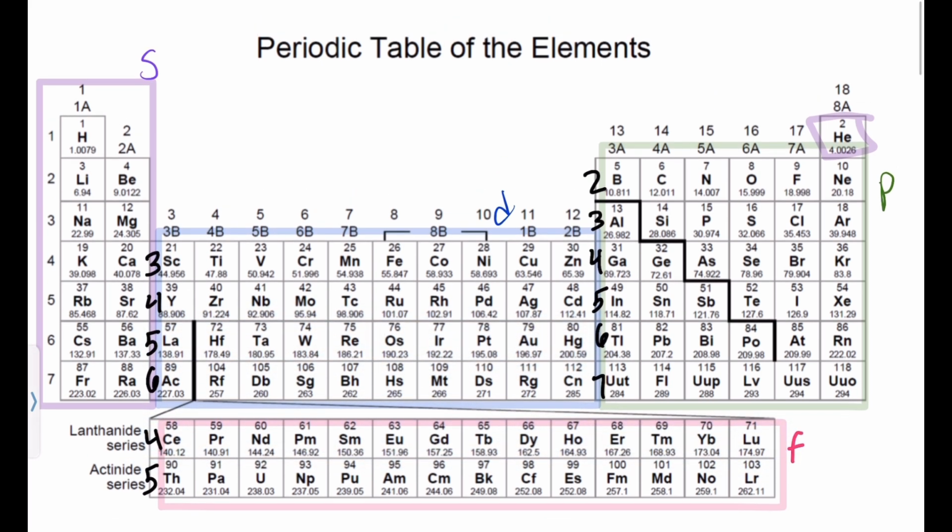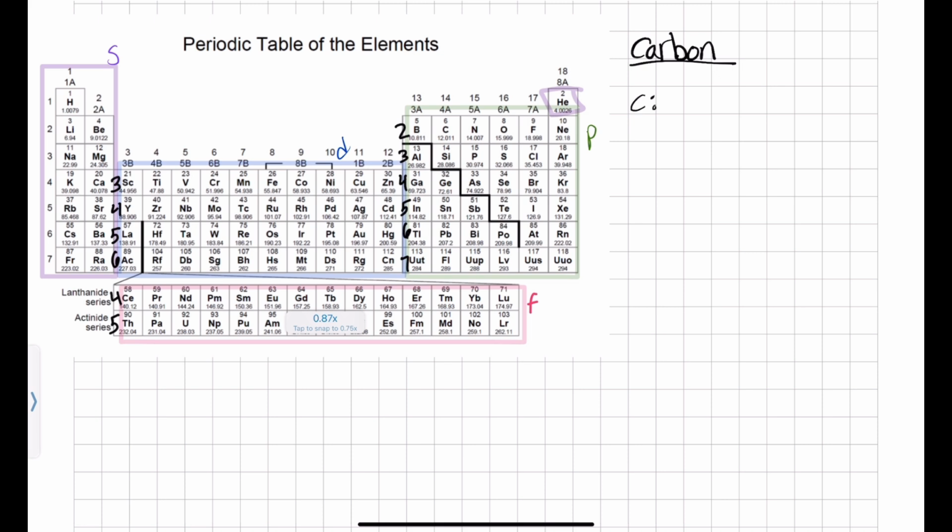Let's do an example. So let's say I want to write the electron configuration for carbon. I'm going to start at period 1 in block S, so that's 1s2, because I went through 1, 2 atoms on the periodic table.